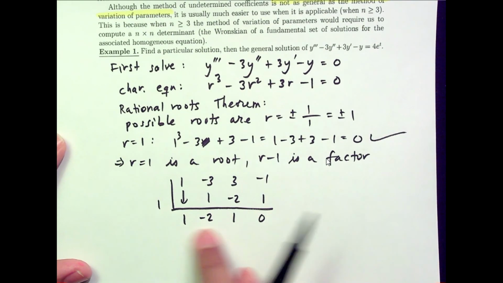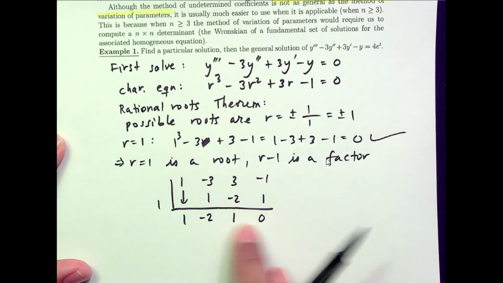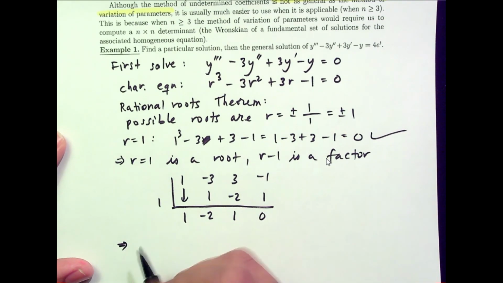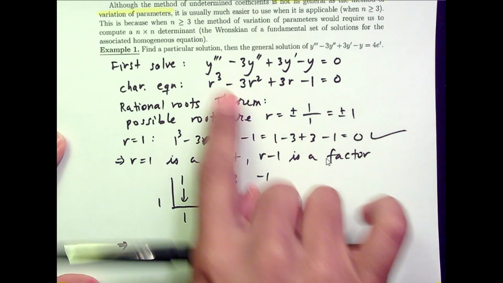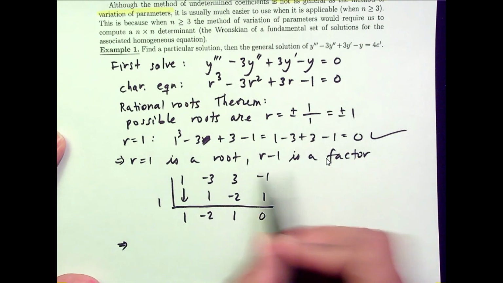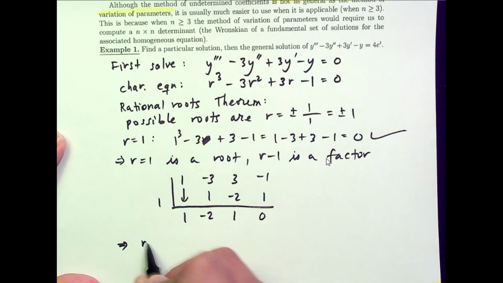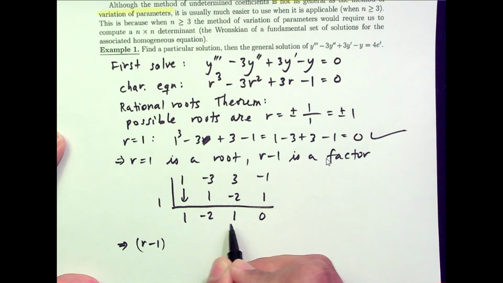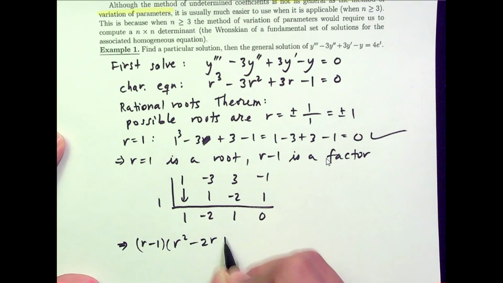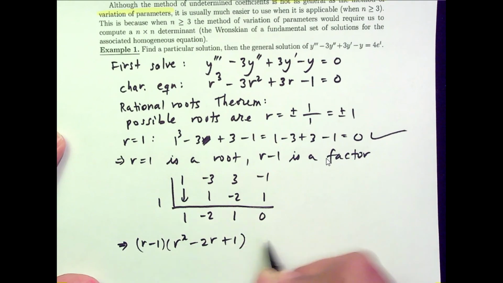And now this is the result of the division, which means that the polynomial factors as r minus 1 times r squared minus 2r plus 1 equals 0.